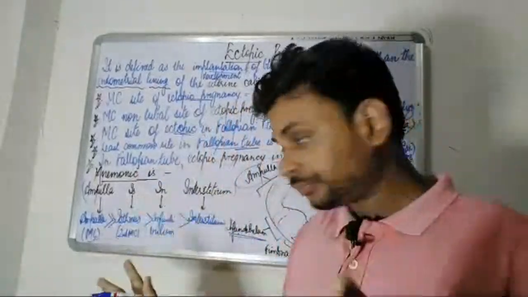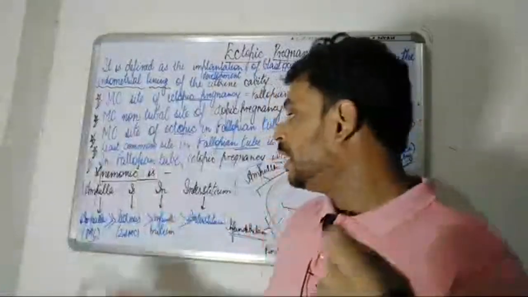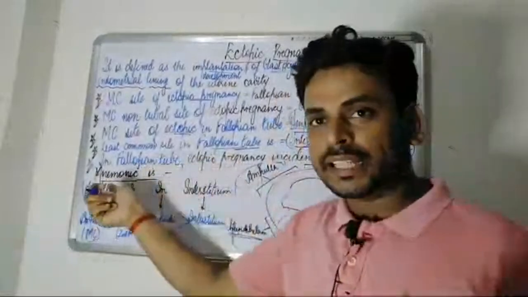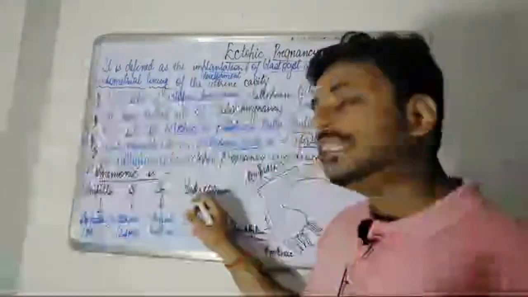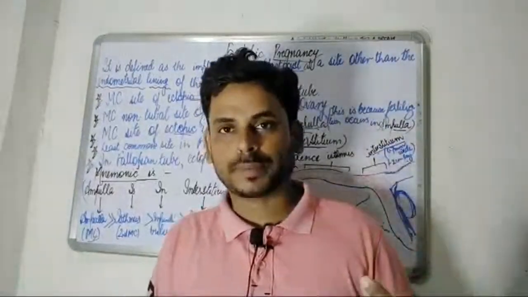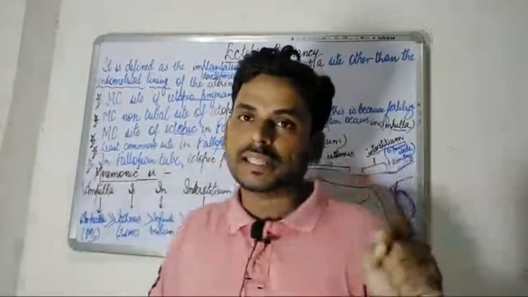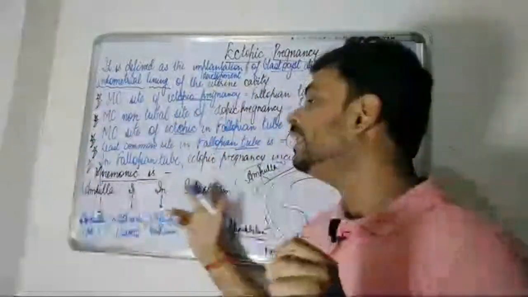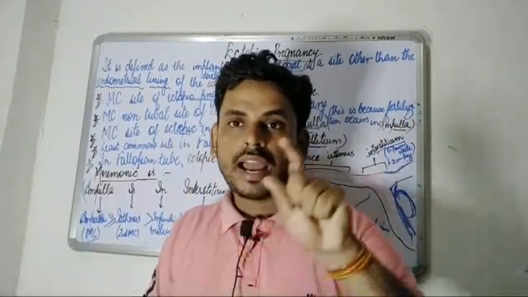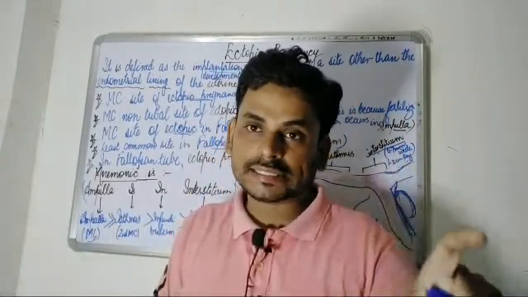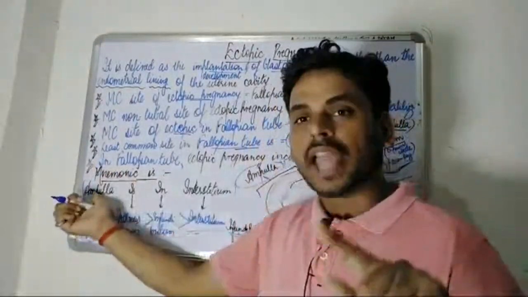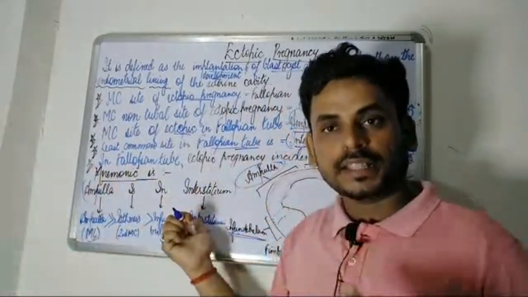And last but not the least, in rare conditions, the interstitium is going to show the least incidence of ectopic pregnancy. So just by remembering this mnemonic, ampulla is in interstitium, we can very easily remember which has the highest incidence of ectopic pregnancy in the fallopian tube. The highest incidence is in the ampulla and the least incidence is in the interstitium.